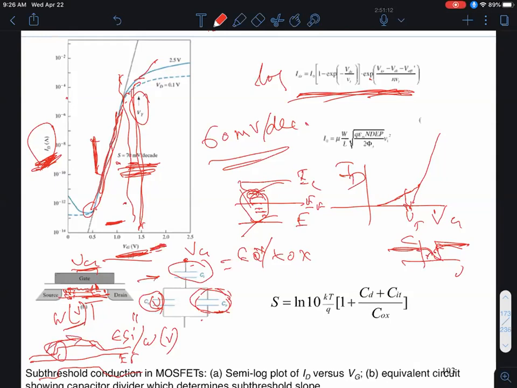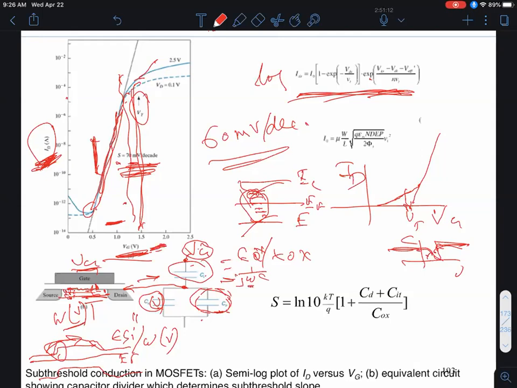So what you have to do is look at this equivalent circuit, and as we change this gate voltage, figure out what the potential is at this node, which corresponds to the surface of the semiconductor. This is something you can do on your own. Look at your circuits class and see what the voltage division would be, keeping in mind the impedance of a capacitor varies as 1 over j omega C. Omega is the frequency.